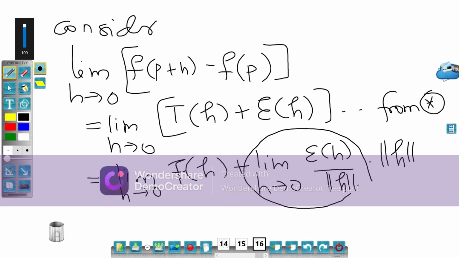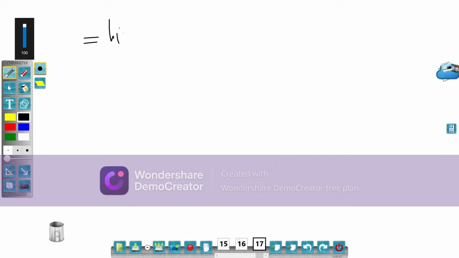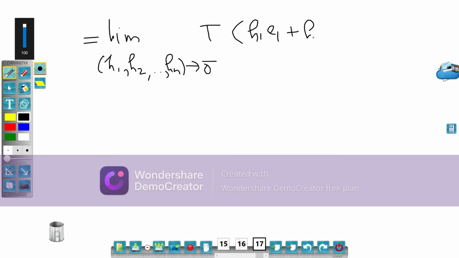So this limit is 0, and I am left with only the limit as h goes to 0 of T(h) plus 0. But this T(h) can also be replaced as follows: h goes to the zero vector, basically 0, 0, ..., 0. So T(h) can be written as h1 e1 + h2 e2 + ... + hn en.